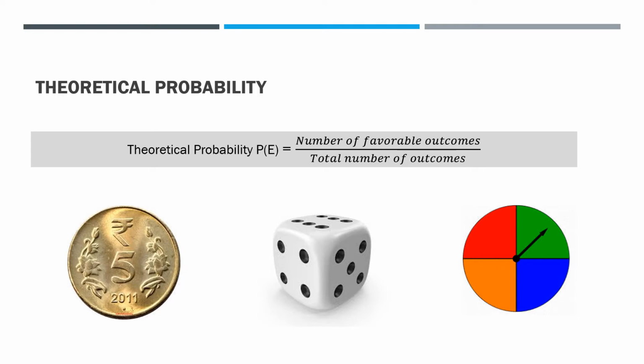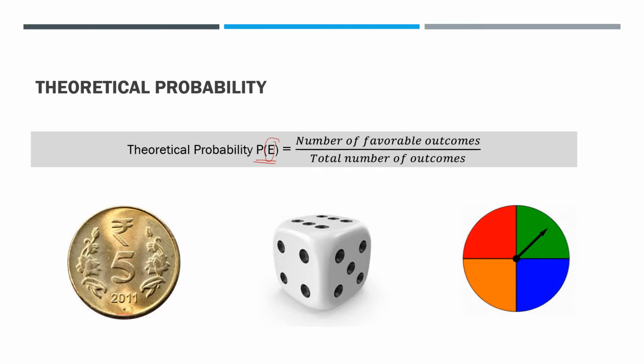Theoretical probability equals, by the way, it is written as P(E). This says the probability of event E happening is the number of favorable outcomes for that particular event divided by the total number of outcomes. Now, we use these three standard examples in most of the probability discussions.